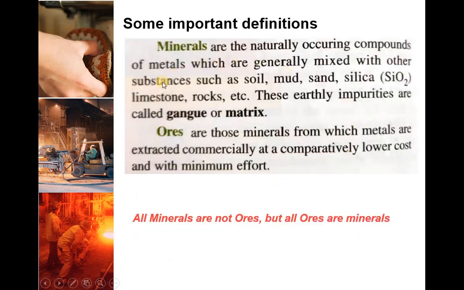Now some important definitions like minerals and ores. Minerals are naturally occurring compounds of metals and which are generally mixed with other substances like soil, mud, sand, silica, limestone, rocks, etc. And these earthly impurities, that is soil, mud, sand, silica, limestone, rocks, are called gangue or matrix.